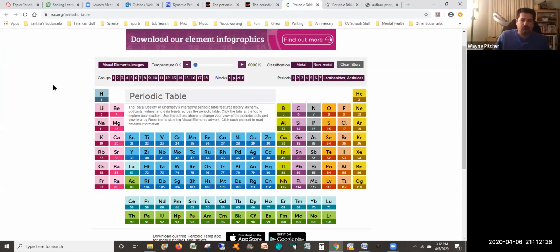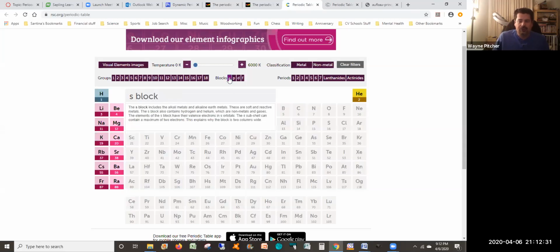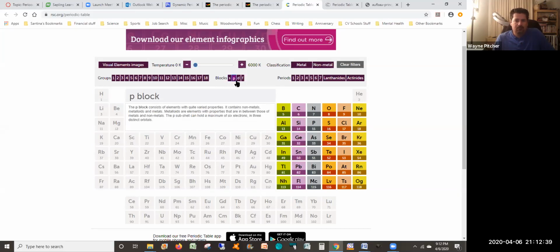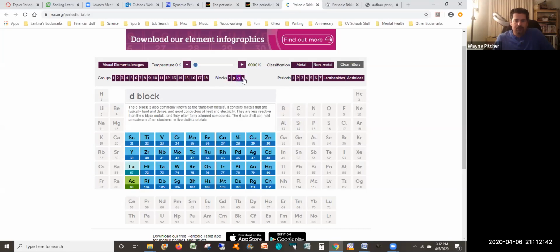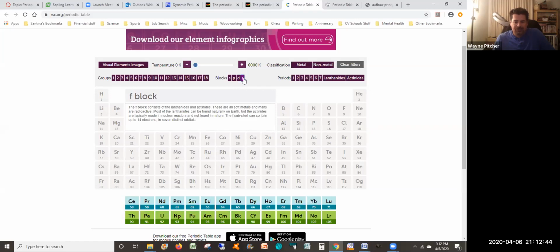Okay. There's some other ones here. This one on the Royal Society of Chemistry is kind of nice because you can click here on individual blocks. So there's our S block. Notice that helium on the right is part of the S block. There's the P block, the D block in the middle, the F block, which is actually in the middle, although it looks like it's down below. Well, why is that?